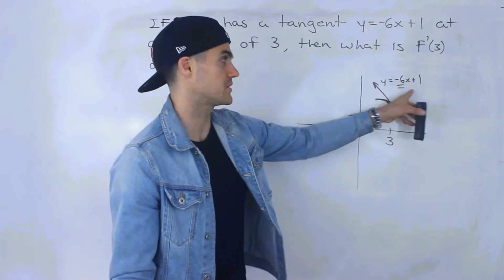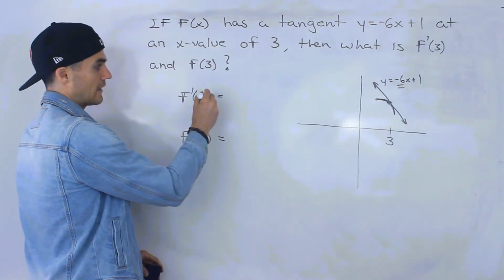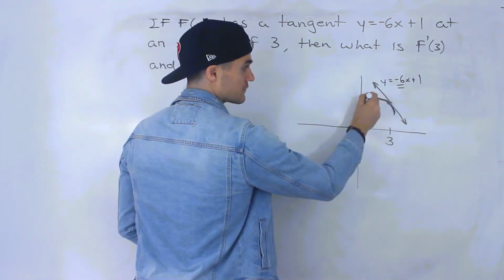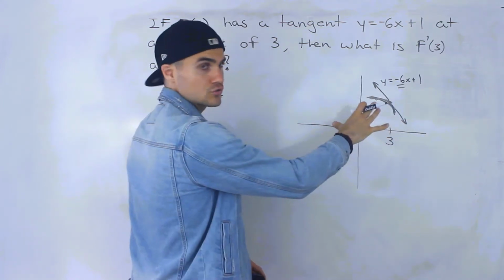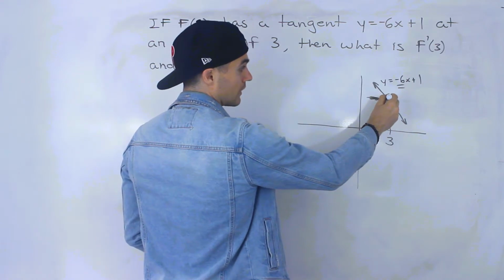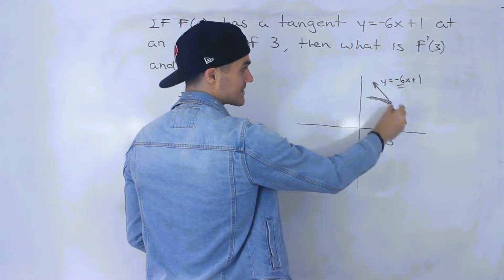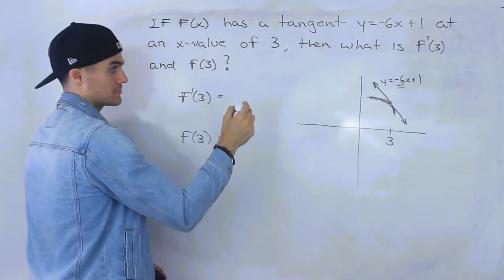y equals mx plus b. So we know the value of the derivative of this function here. Again, this function doesn't necessarily have to be looking like that. I just drew an example. But it definitely, at that x value 3, has to have that tangent, negative 6x plus 1.